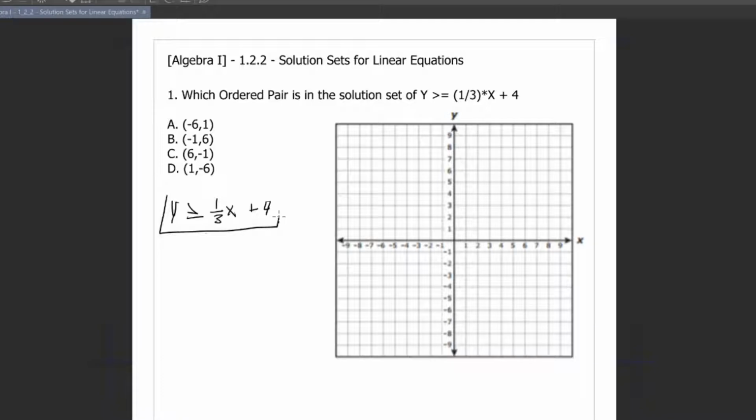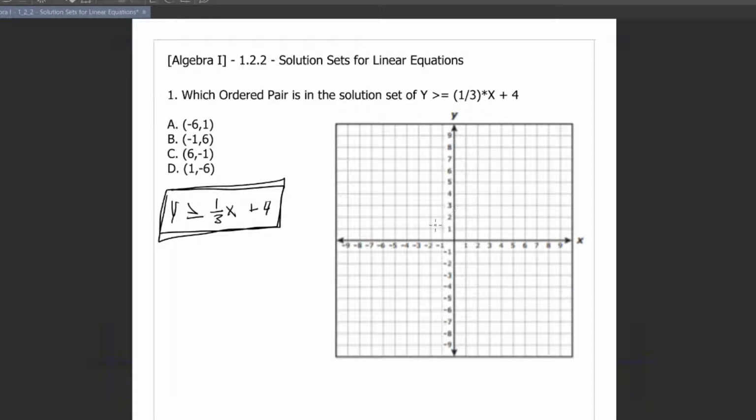So here's our equation we're taking a look at, and we want to see if one of these ordered pairs fits into this equation, or rather makes it true.